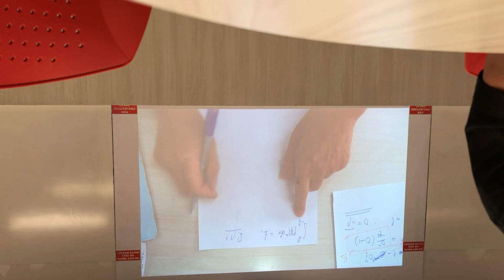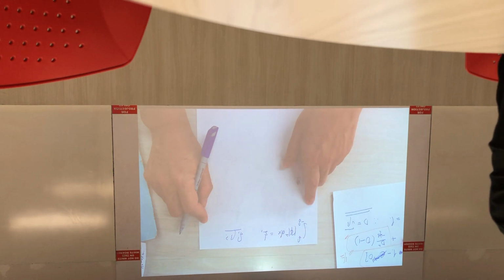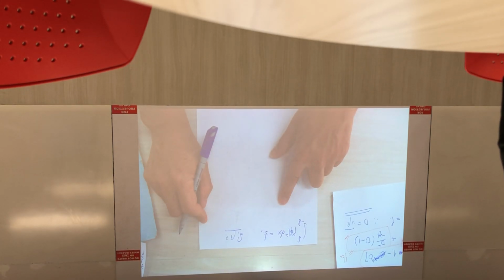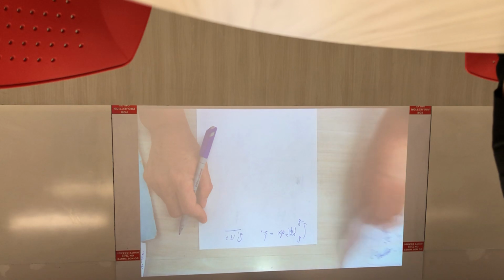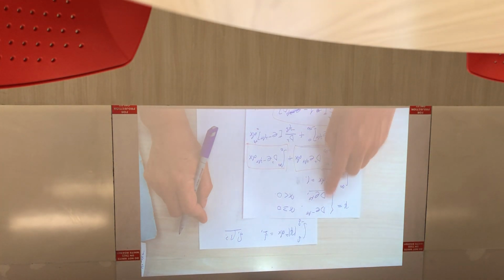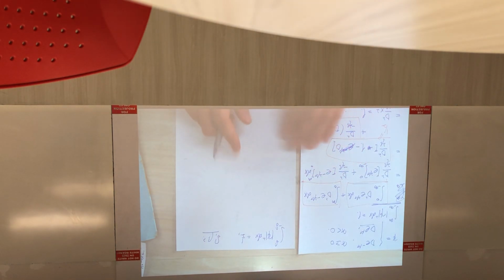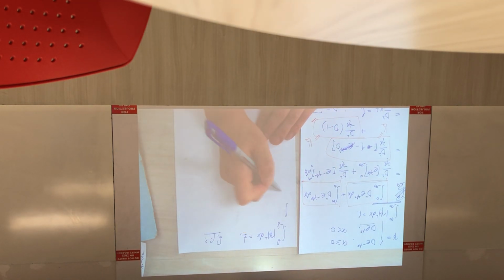Again, we need to split this into the negative region and the positive region, because we are given different wave functions. So for the negative region, this probability is going to be from minus delta to plus delta.